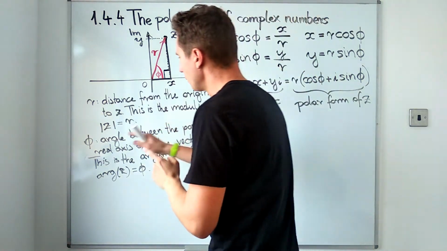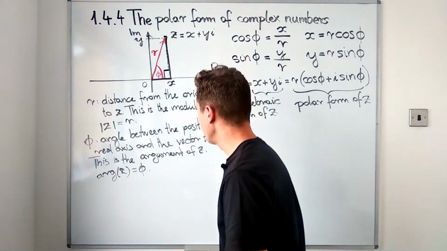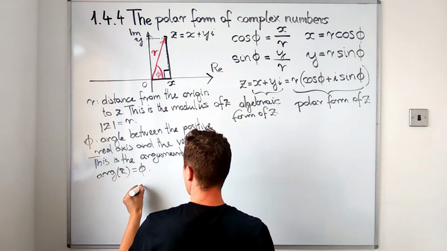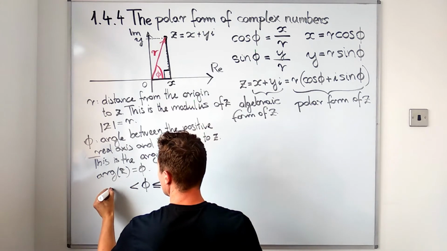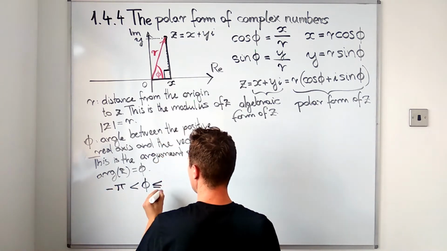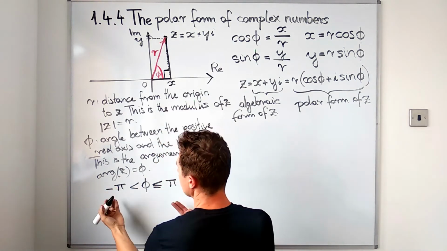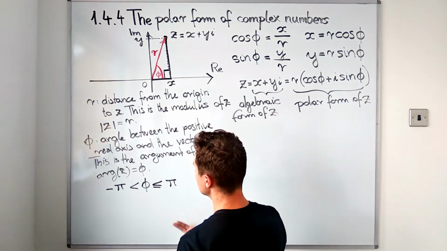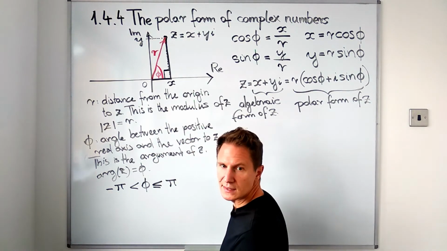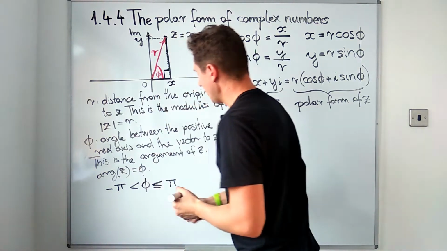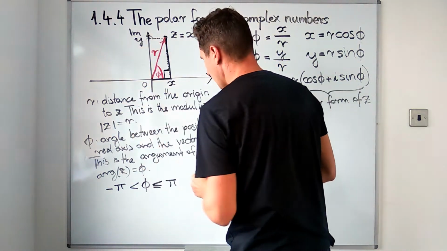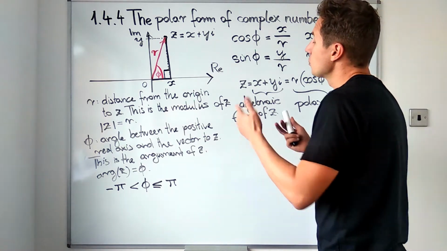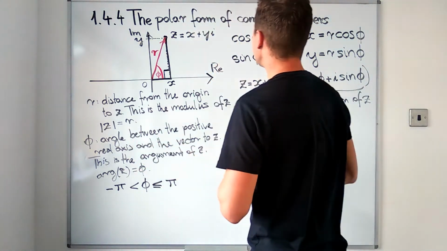So we should restrict the possible values of phi, and we will do that by saying that phi should be taking values between negative pi radians and pi radians, so between minus 180 degrees and plus 180 degrees. In that way we are making sure that phi is unique for each complex number. For each complex number we have a unique angle.